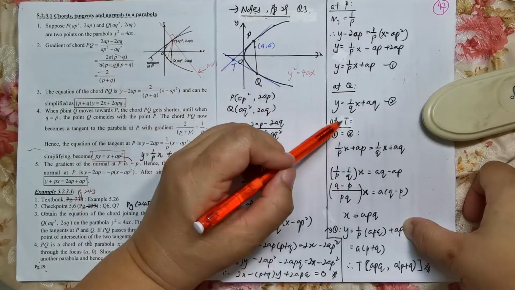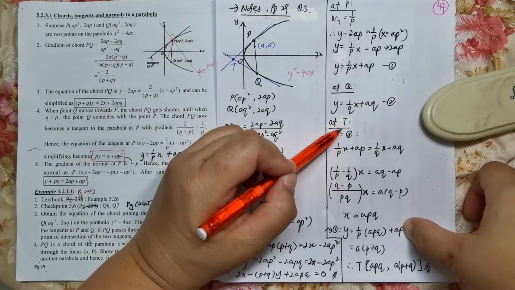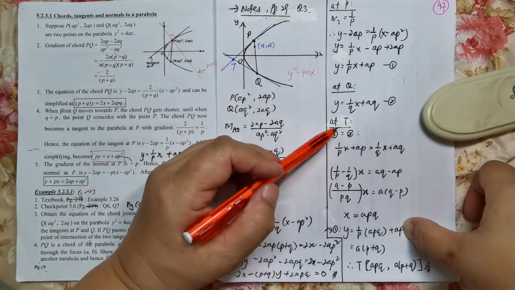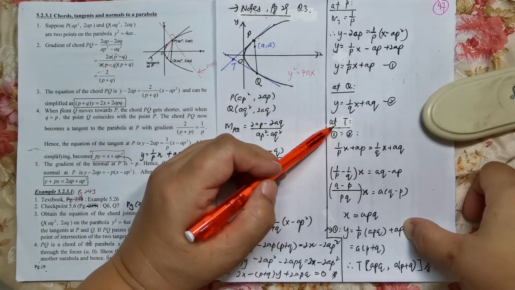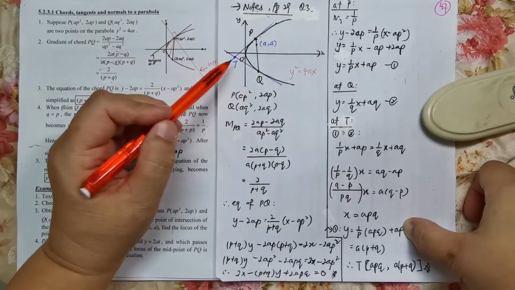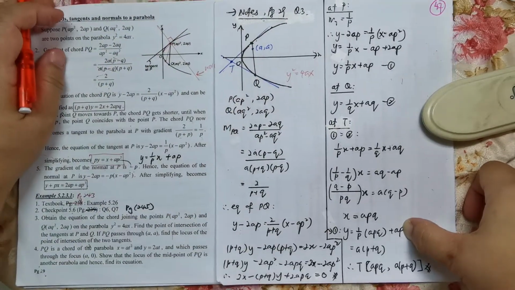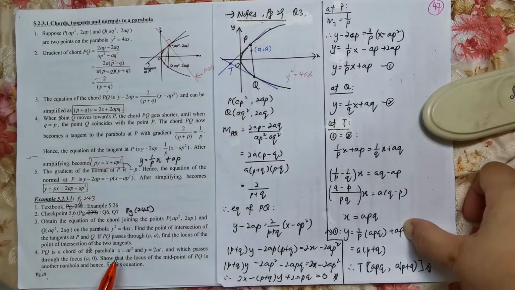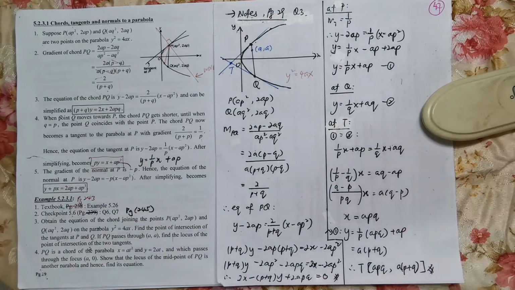Without the diagram, you can't simply say point T, because the examiner doesn't know where T is. With the diagram, I label it very clearly, so I know T is the intersection point of these 2 tangents. Because the question never tells you the name of the point, I name it so that it's easier for us.